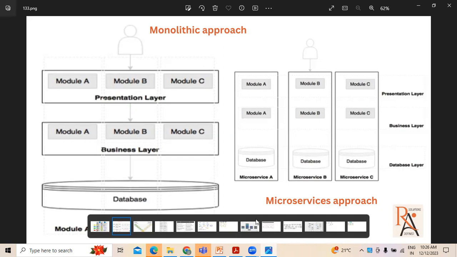Now, in reference to the monolithic approach, normally when we look at an application, it will be categorized into three different layers. You know that, right? Any application will have three different layers. The first layer is called the presentation layer.